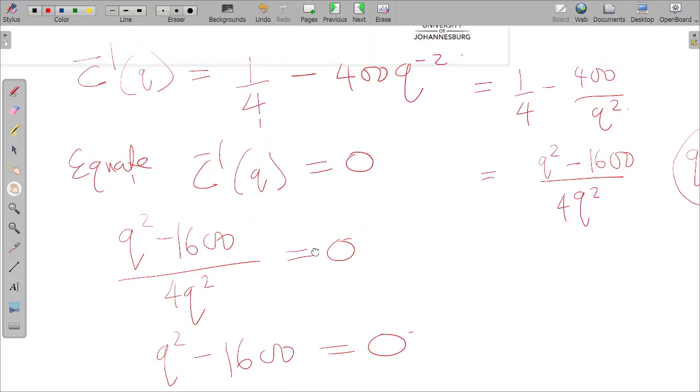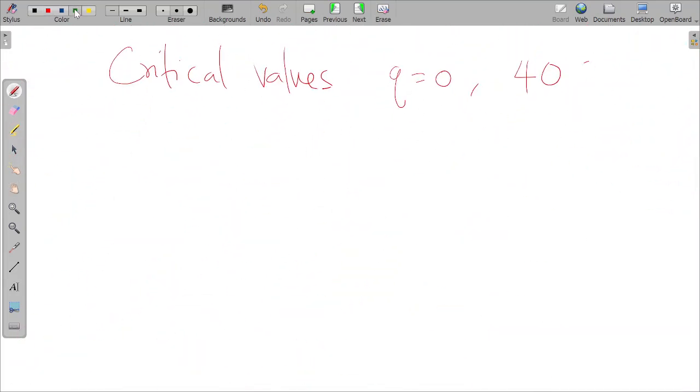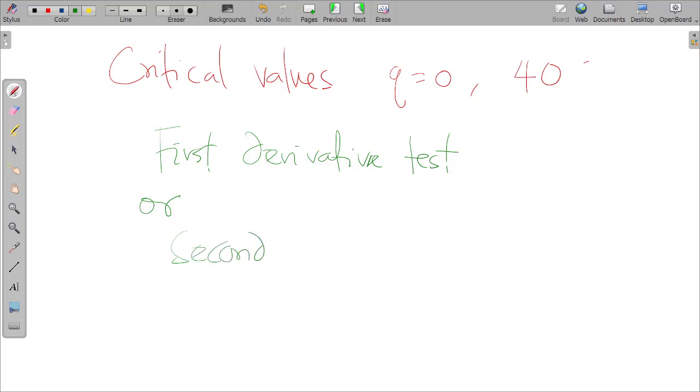Let's use the second derivative test. We can either use the first derivative test or the second derivative test to know which one is a minimum. To test for relative minimum or relative maximum, you need to use either the first derivative test or the second derivative test.